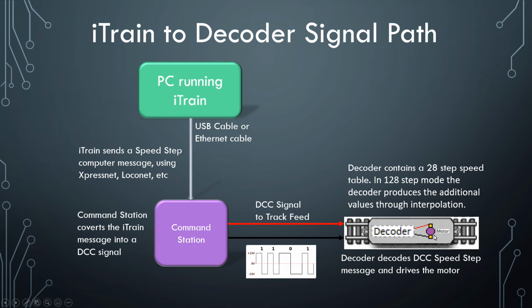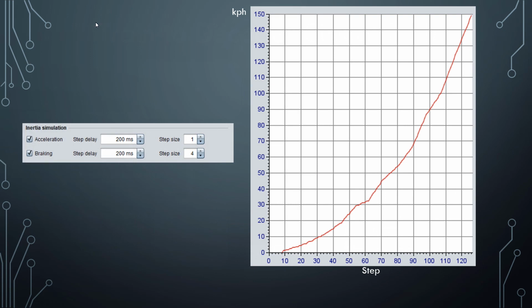We'll not go into the detail about that. We'll just appreciate the technical stuff that goes on below the surface. So that is where the 3 to 5 steps for a 126 step decoder comes from. It reduces the amount of data that iTrain needs to send without any perceptible difference in the smoothness of the trains.